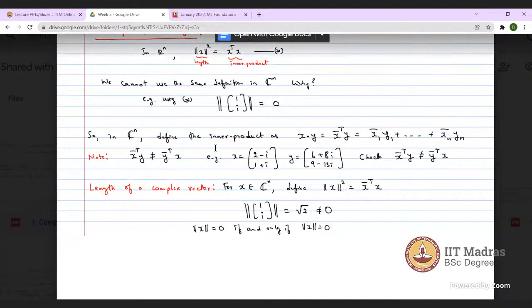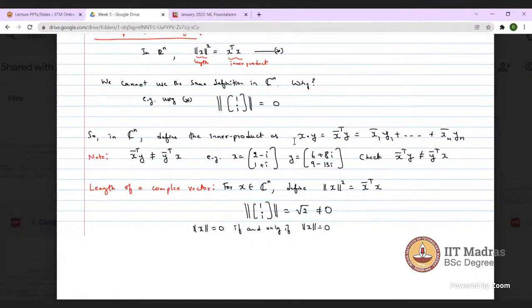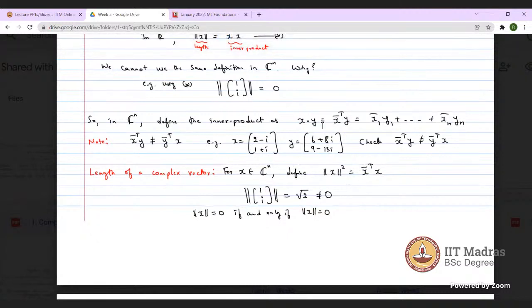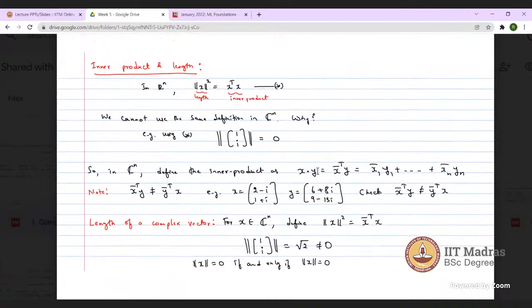And the inner product x dot y is not the same as y dot x. That is illustrated in the example. To do the inner product, I'm just reiterating, you just need to find the conjugate and then transpose that conjugate, so that before it is n by 1, right?